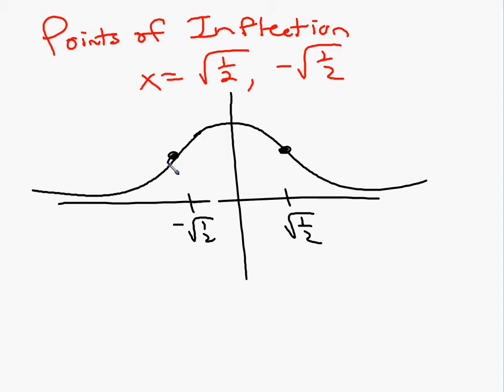Now, I have some more good news for you today, and that is an even easier way to find maximums and minimums, and that's the second derivative test. The second derivative test is, I believe, a lot of times easier.